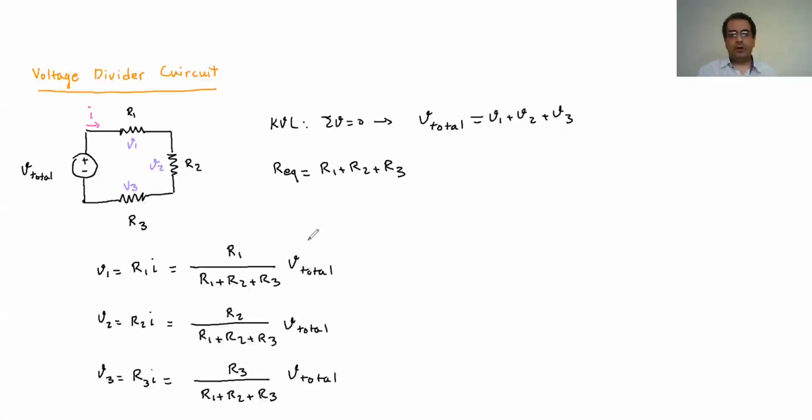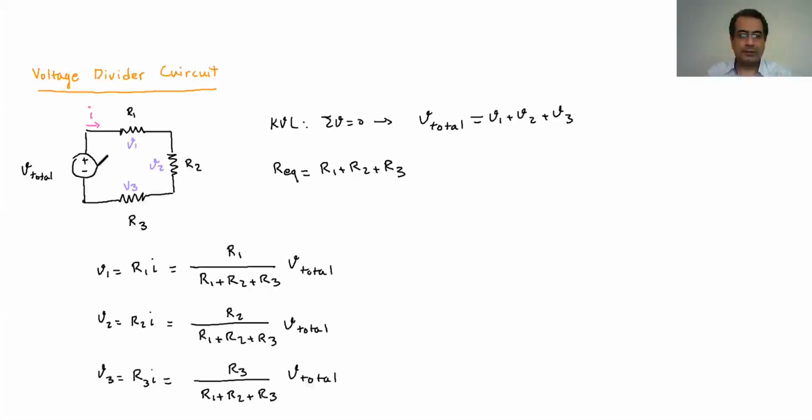But V1, V2, and V3 are the V total split between R1, R2, and R3 with this ratio, proportional to their resistance to the total resistance. So when you have something like that, you don't need to calculate any equation to find V1, V2, or V3.